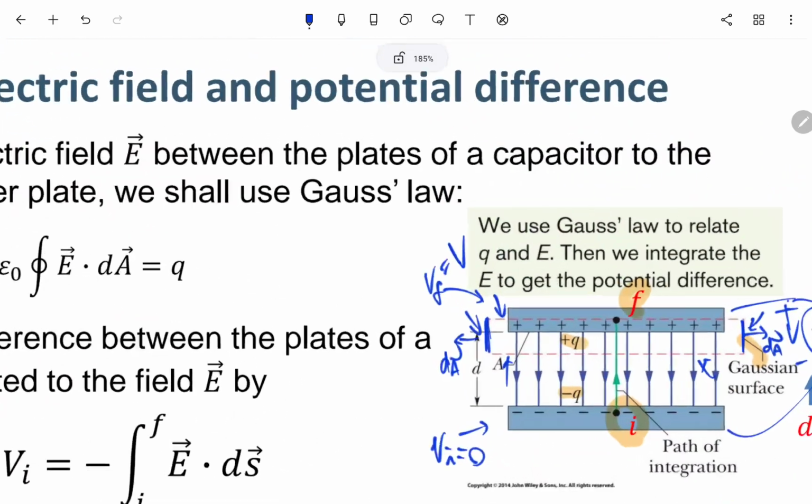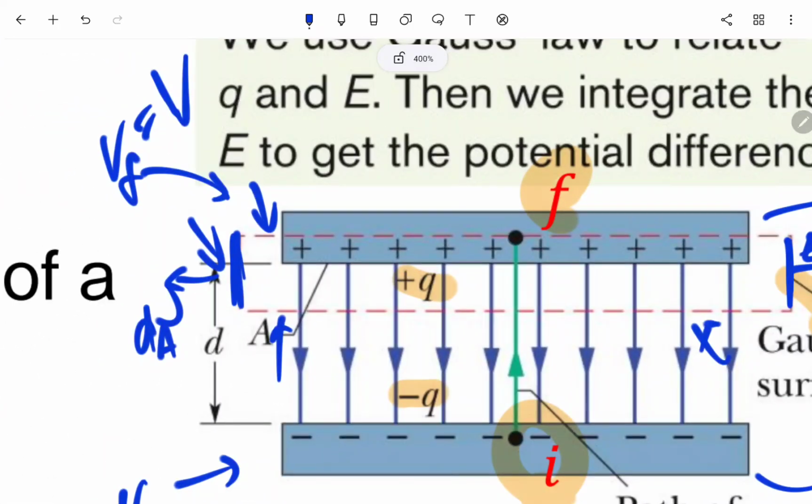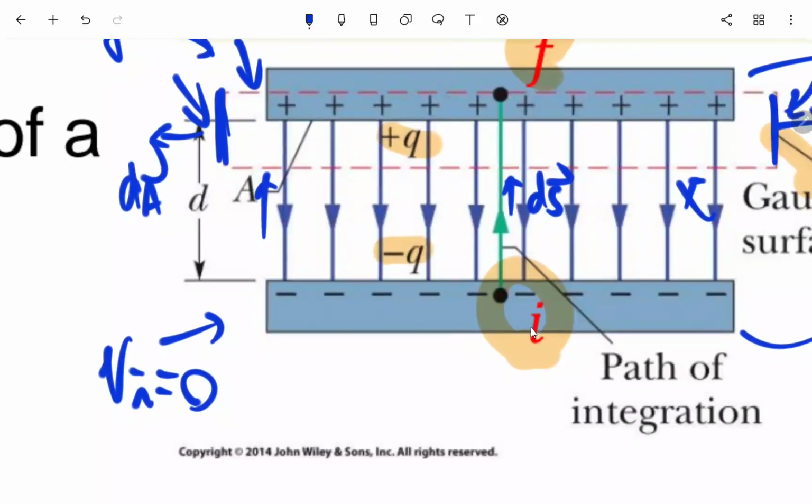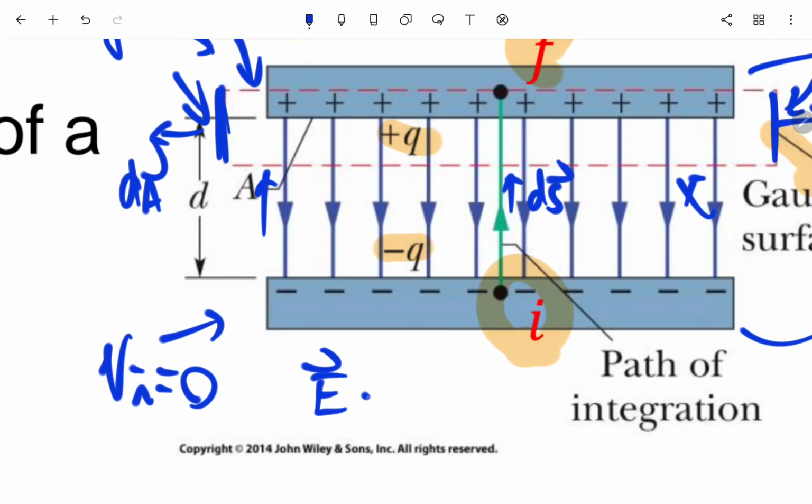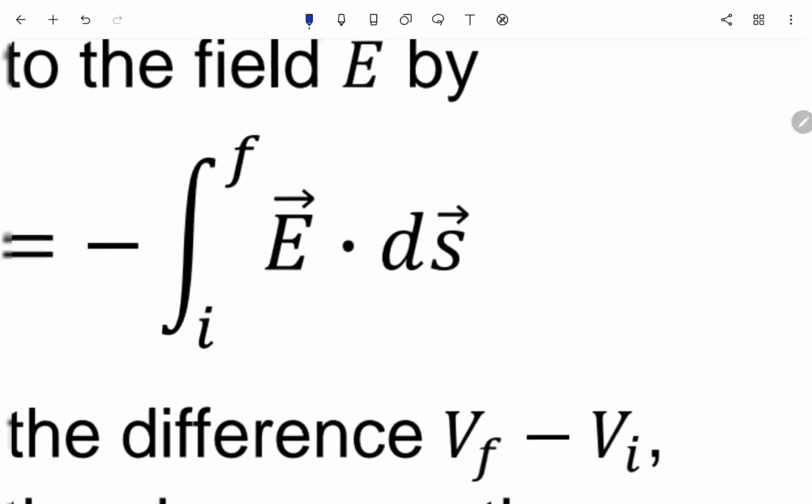In that case, ds is pointing upward and the E field is pointing downward, so E dot ds will be negative E times ds. They point to opposite sides: cosine of 180 degrees is -1.